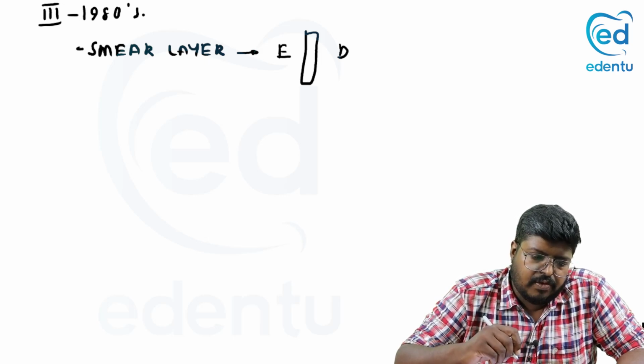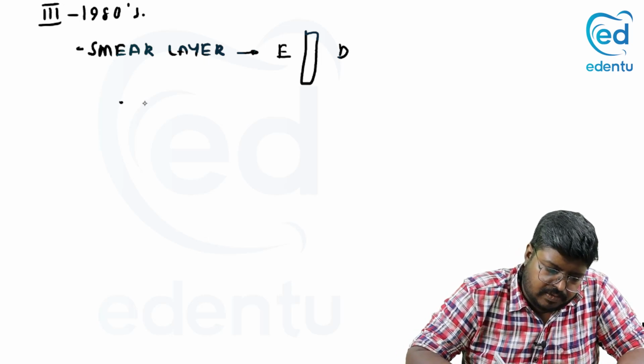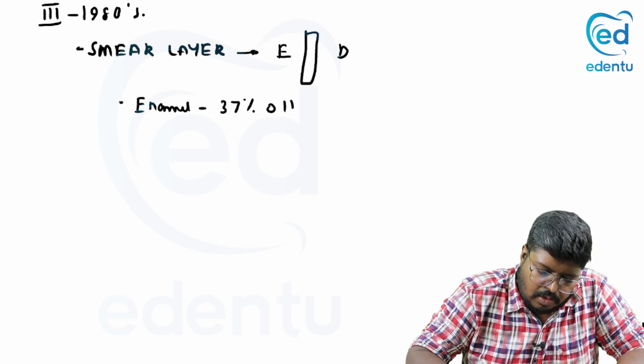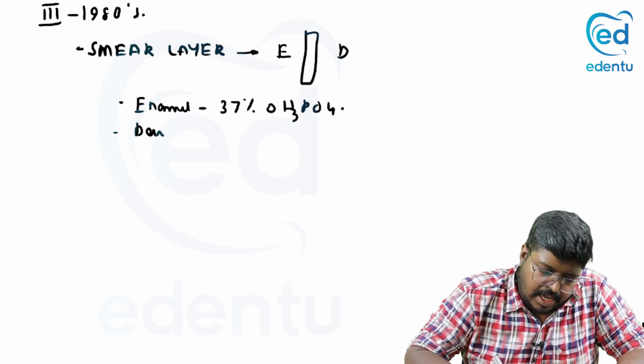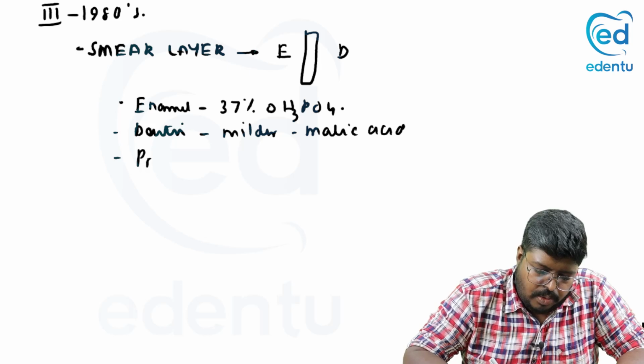Therefore, the bonding protocol was as follows. First, the enamel was etched with 37% orthophosphoric acid. Then, dentin needed to be conditioned with milder acids such as maleic acid.